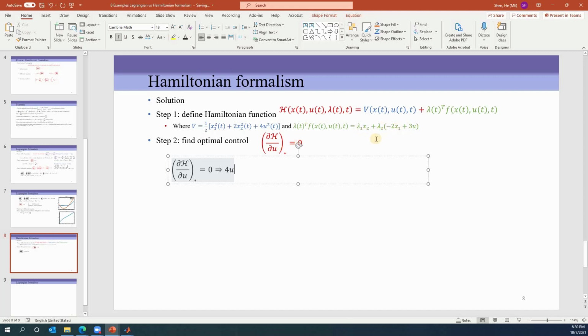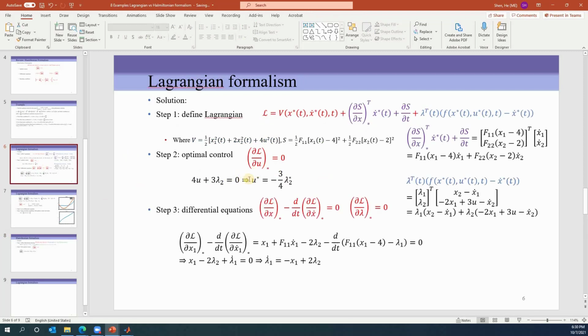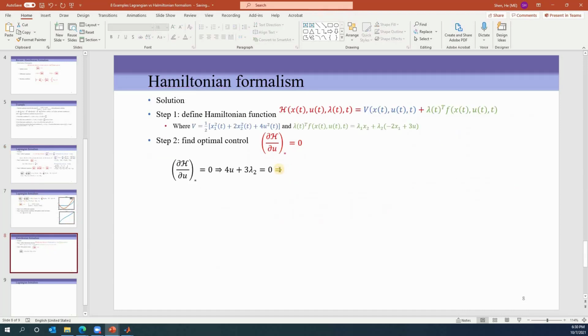We take a partial derivative of that. That gives us 3 lambda 2. That is equal to 0. We can find the relationship between u and lambda 2. And we also notice that this is exactly the same as what we got from the Lagrangian method here, right? So we can find u star is equal to negative 3 over 4 lambda star.